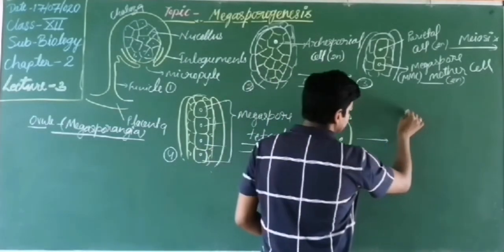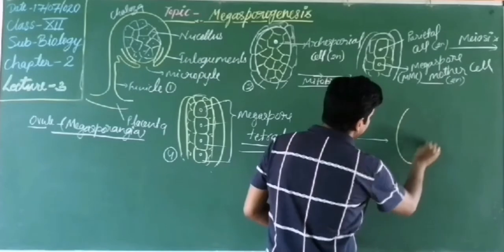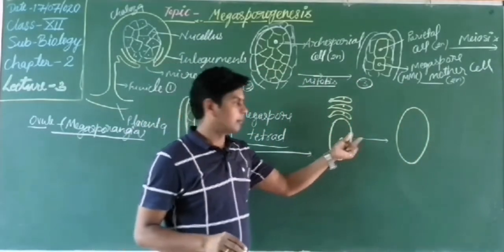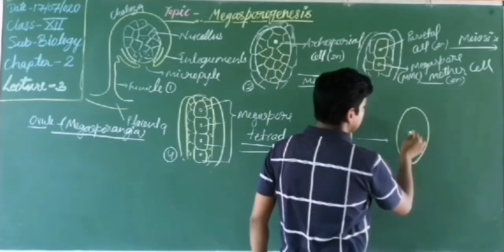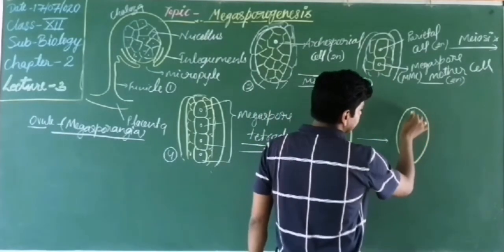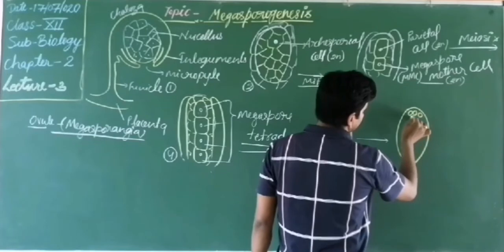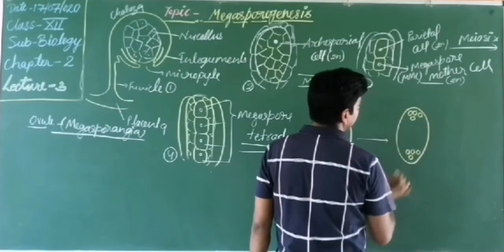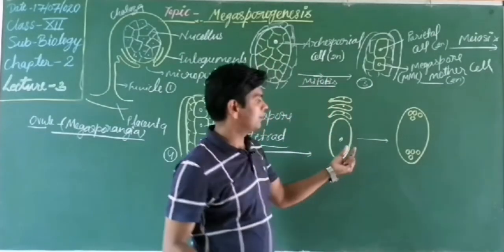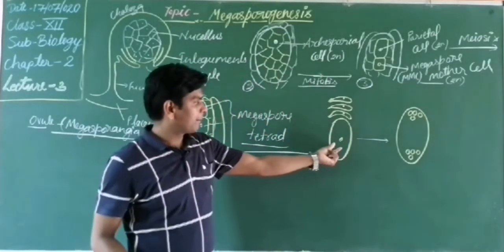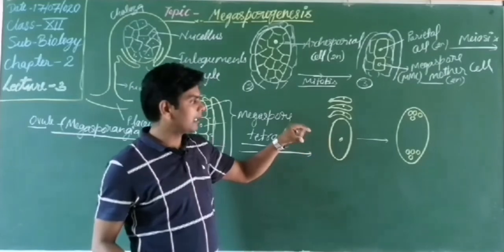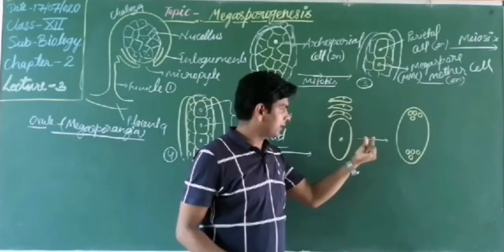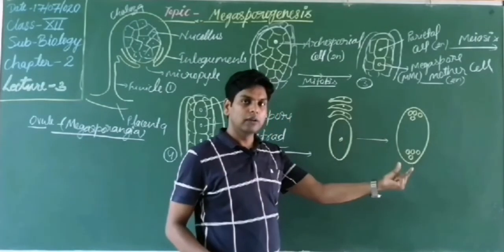In this 1 megaspore, free nuclear division occurs. Here 1 nucleus is found, but this nucleus divides into 8 nuclei. So here 4 nuclei and 4 nuclei. Students, it divides by 3 mitotic divisions: 1 divides into 2, then 2 divides into 4, and 4 divides into 8.